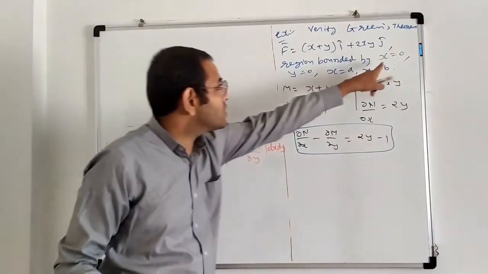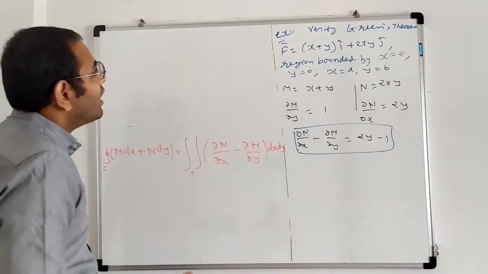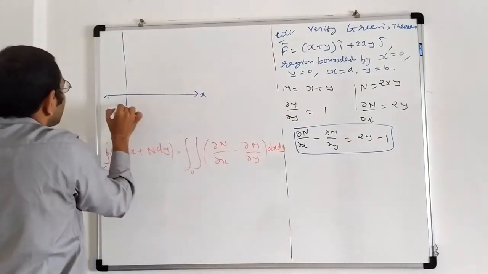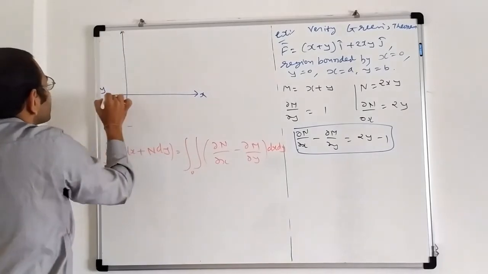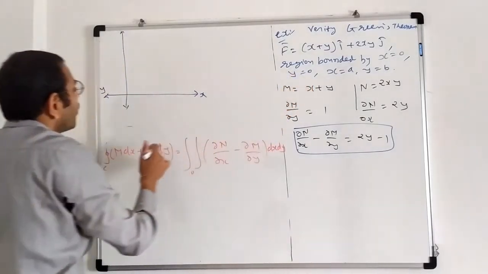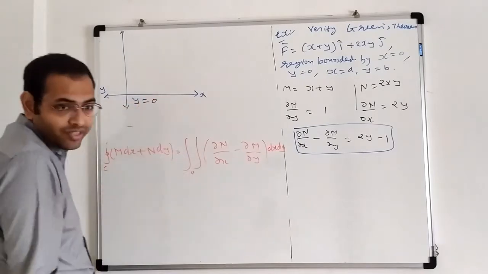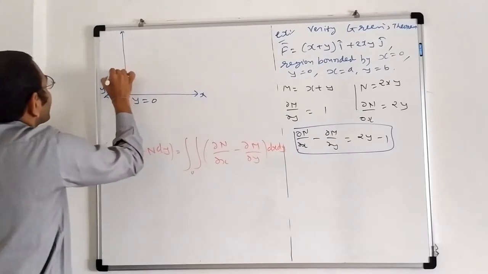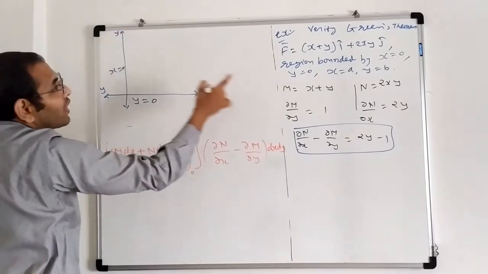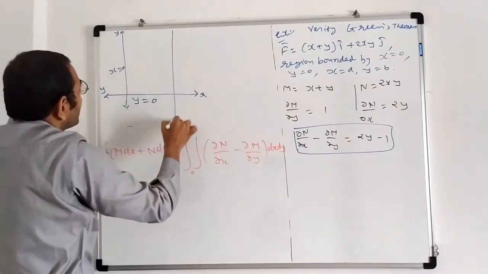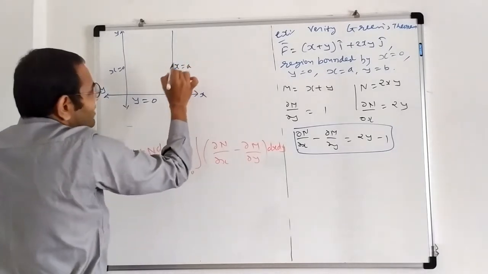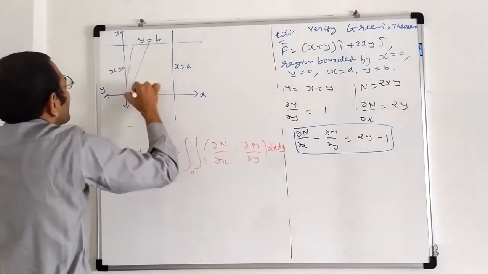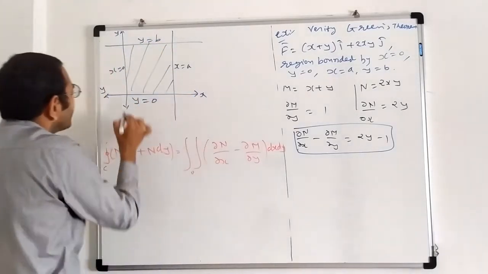Now, here is our x axis and here the y axis. So y equal to 0 lies on the x axis, and x equal to 0 is on the y axis. x equal to a is perpendicular to the x axis, and y equal to b is perpendicular to the y axis. In this region we find the value.